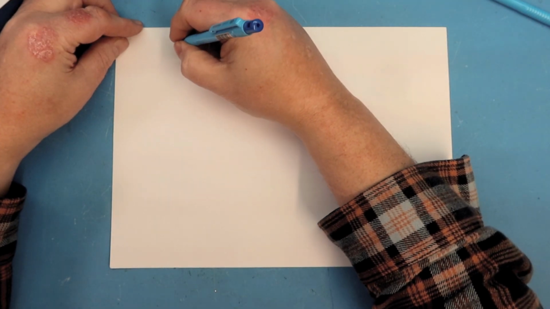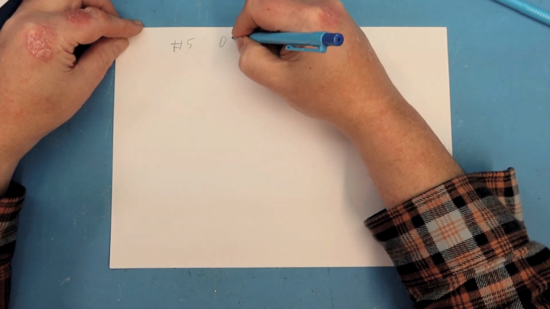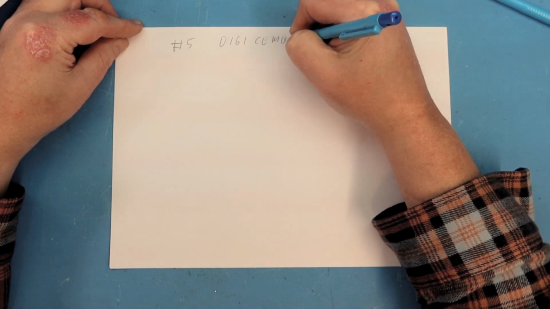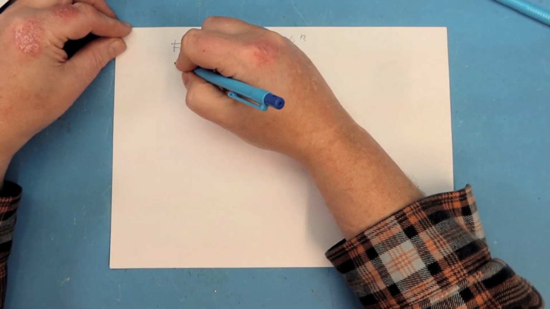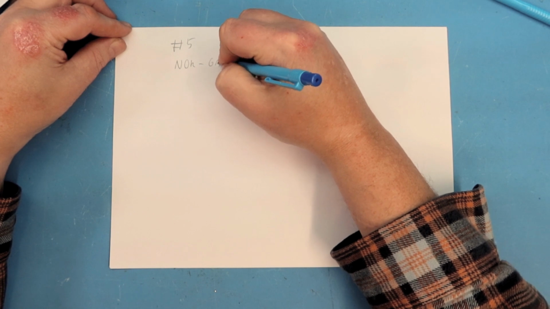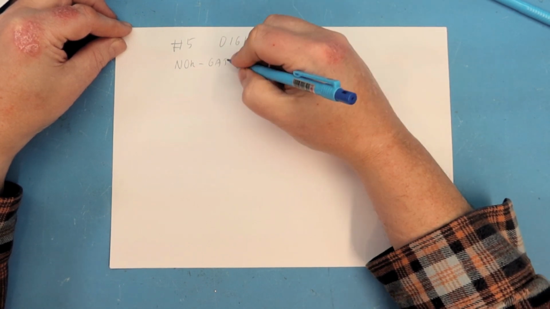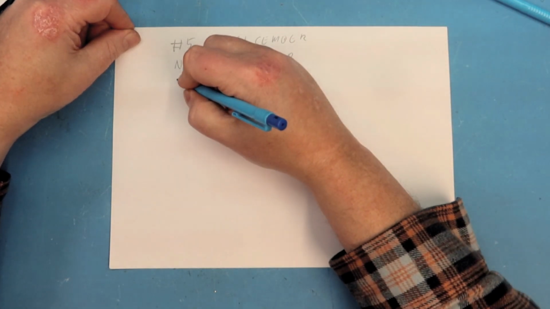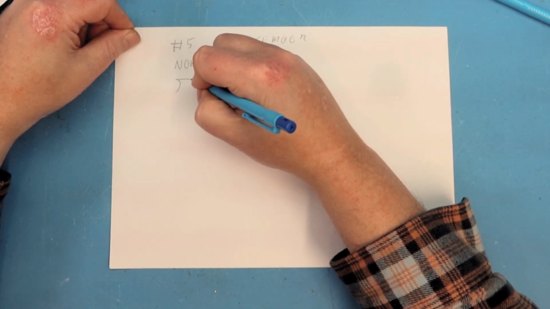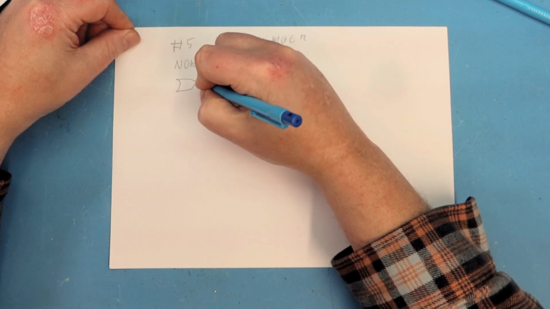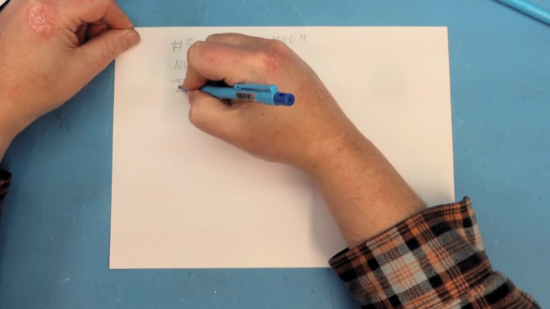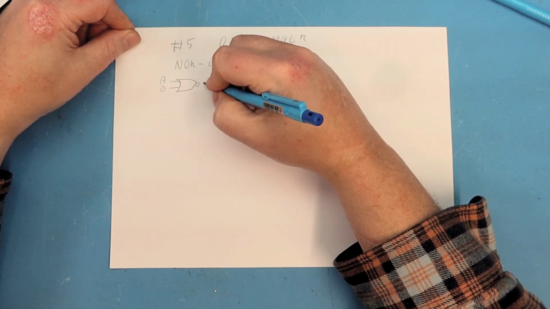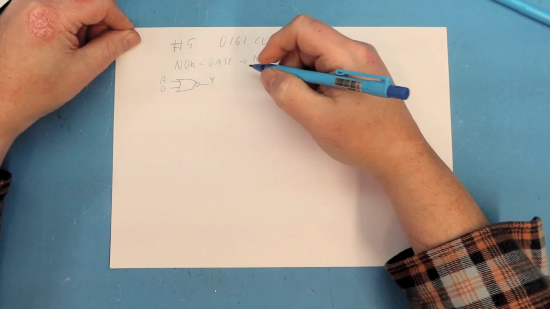Yes, and now it was time for my number 5 episode of December, and this time it will be the NOR gate, or not OR function. This gate looks like this, or something similar to this. I hope it doesn't look exactly like that. And we have the Y out here.